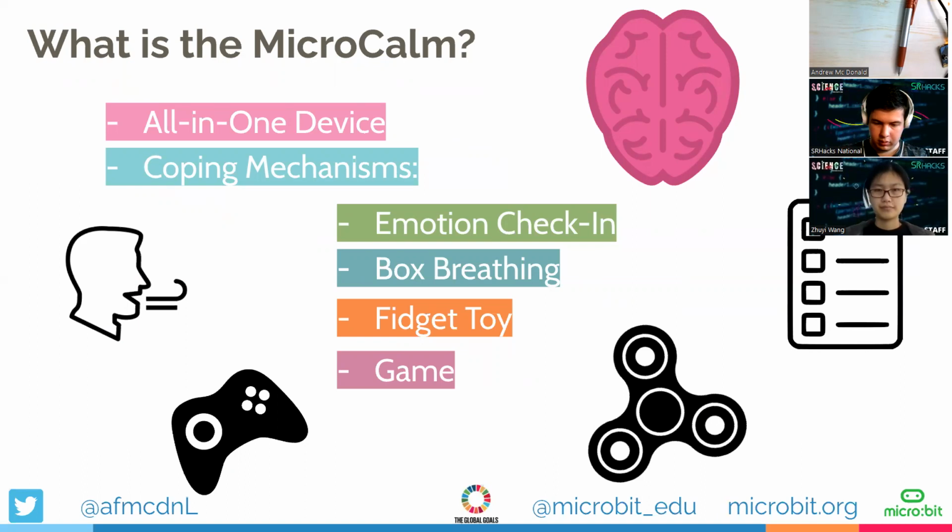So they have an emotional check-in, how you doing? They also had a technique they had read up about called box breathing, where you calm your breathing, a bit of a meditation opportunity. They also built a little fidget toy in there, and then they added in a game.